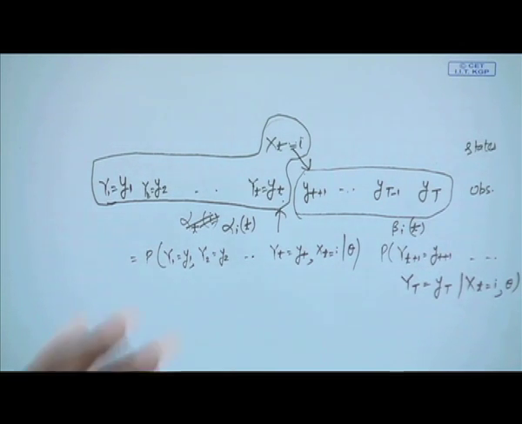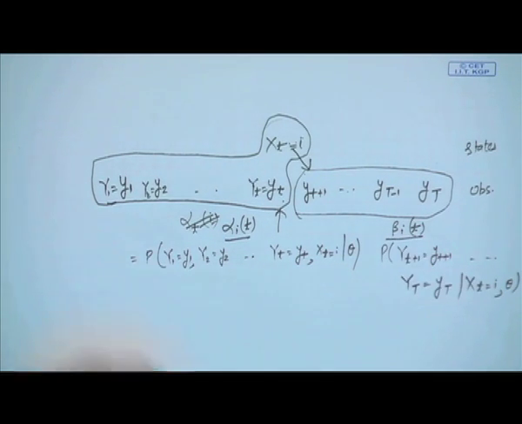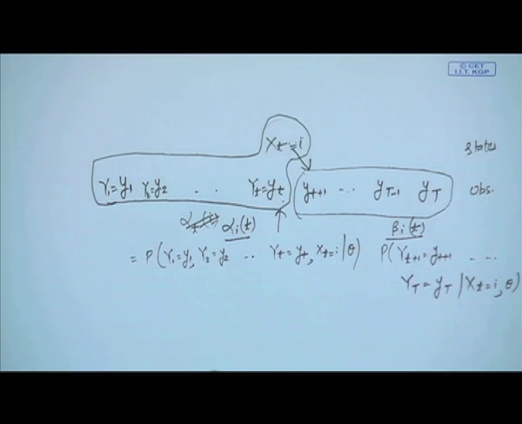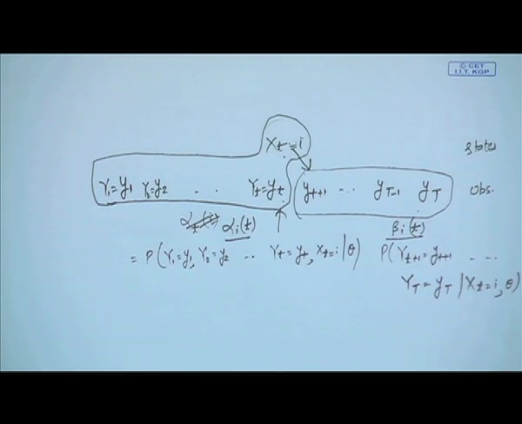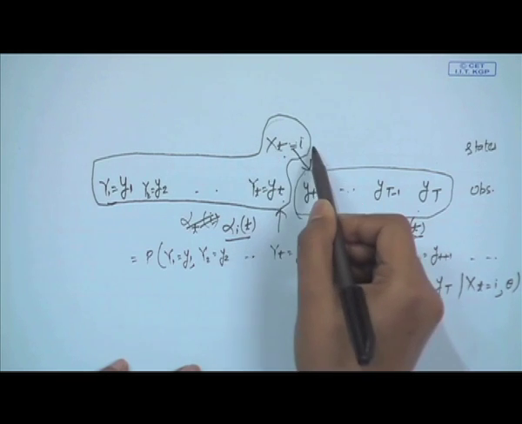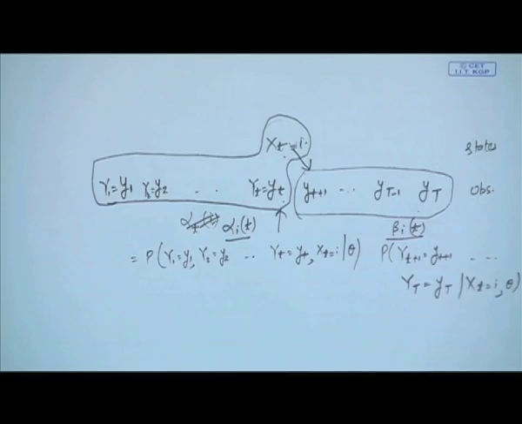Now, why do you actually compute this alpha it and beta it? How does that help? I have these probabilities, I can simply multiply alpha it times beta it to get the probability that I observe this sequence and the ith state. To compute the probability that at the tth time point the state was i, I can marginalize over all the possible states that can happen at time t.